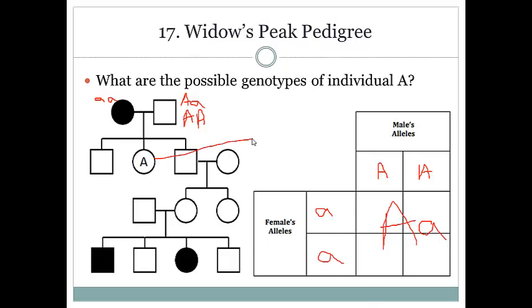So this individual could be big A, little a. If the father was, instead of big A, big A, big A, little a, we'd get a slightly different outcome here.